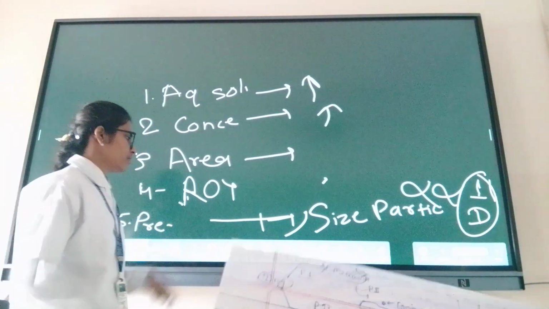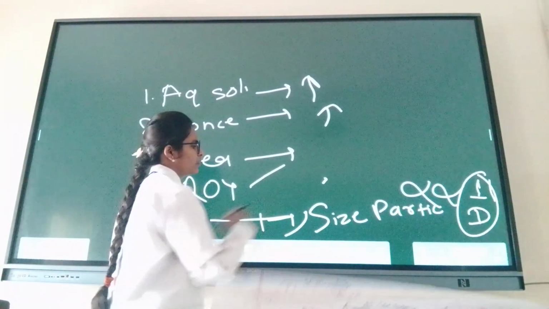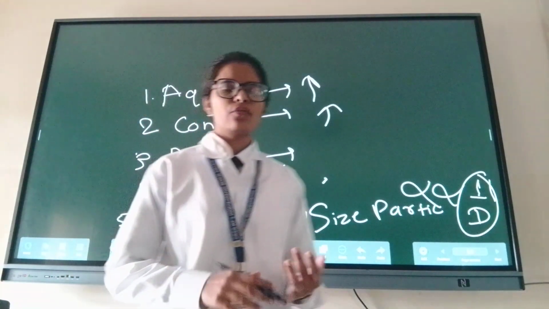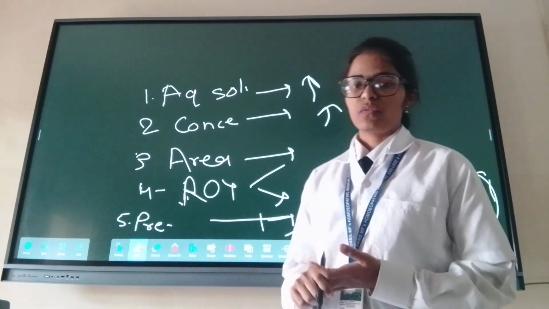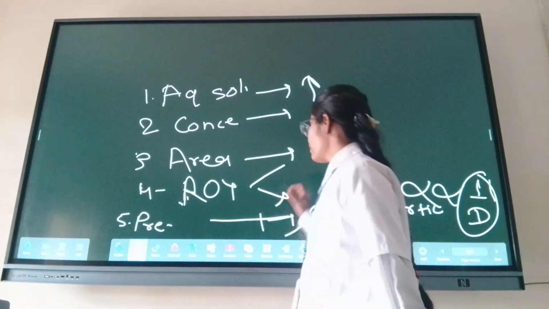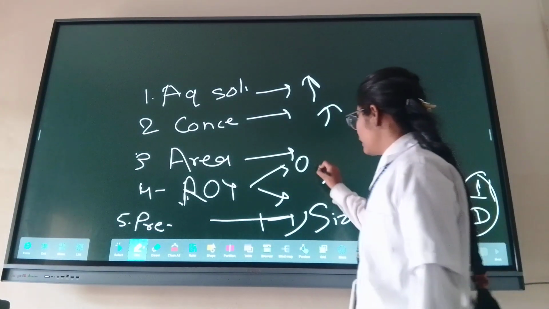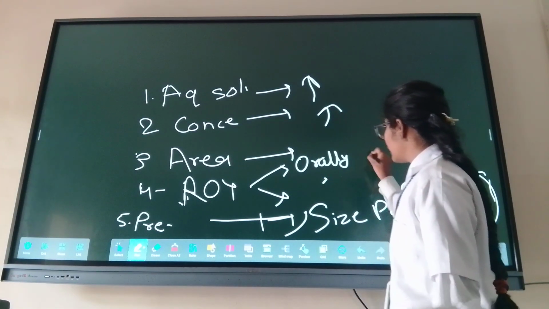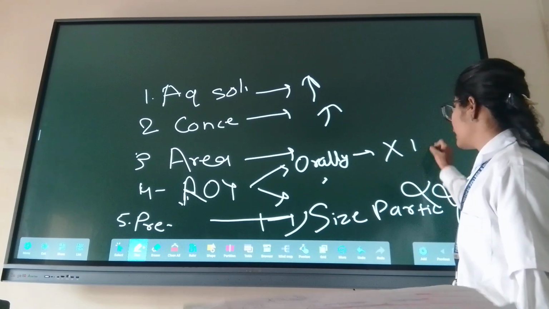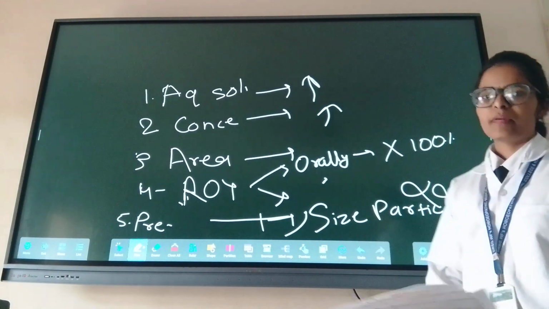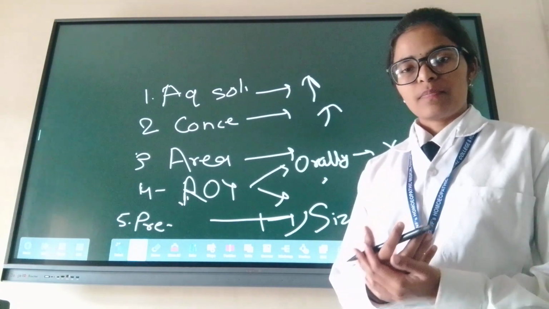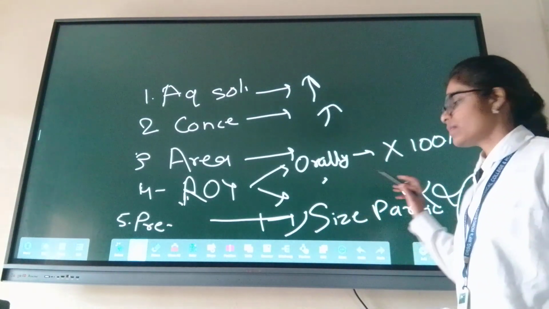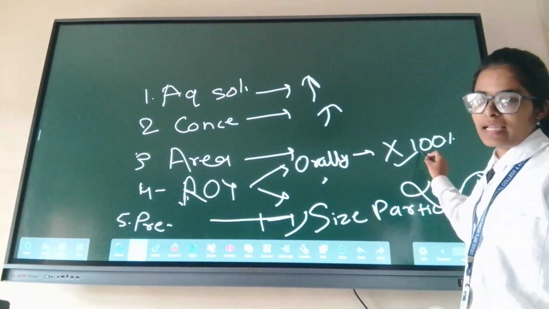And route of administration. There are many routes of administration. Oral route, parenteral route, injection, IV, subcutaneous, intradermal. Orally, there will never be 100% absorption. Why? Because it passes through first pass metabolism. It first passes through the intestine and liver.